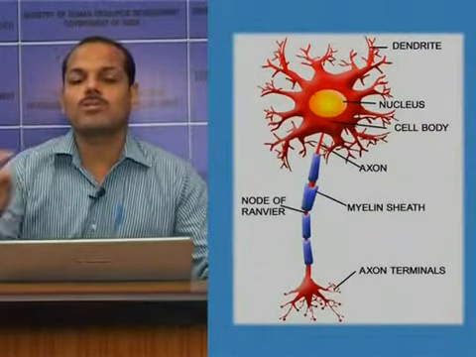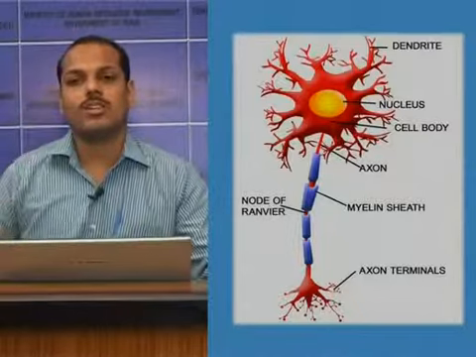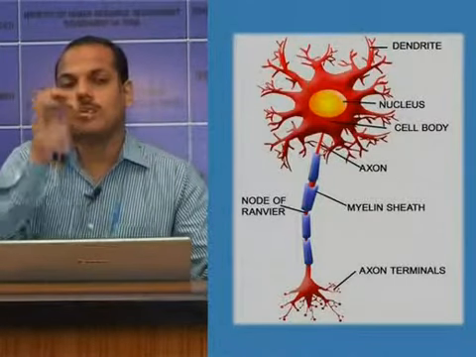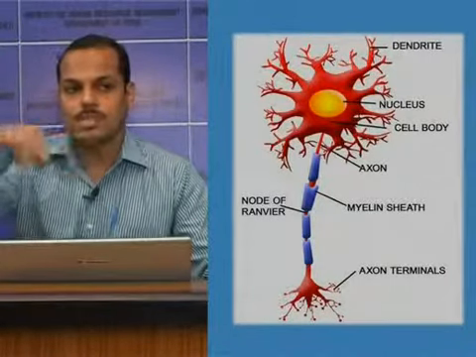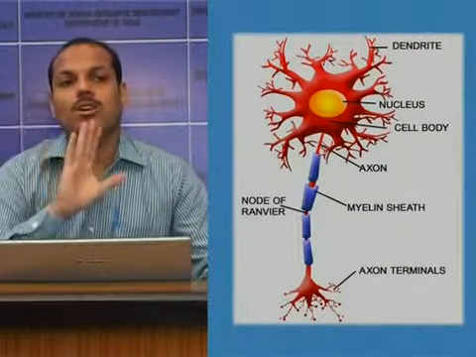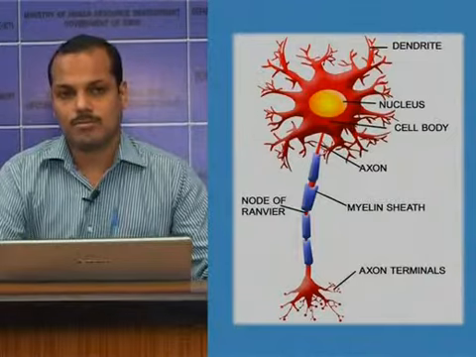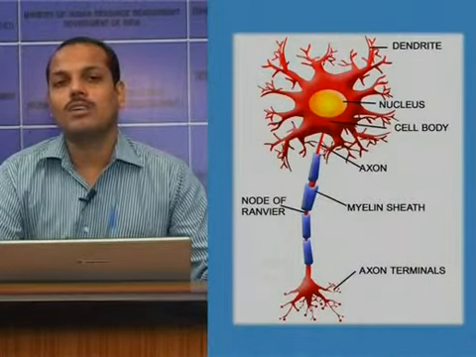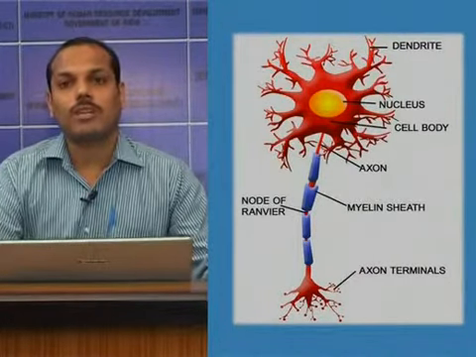This nucleus is seen at the central region. Only one nucleus will be there, which occupies the central region. And this nucleus does not have a centrosome. Centrosome is for multiplication.